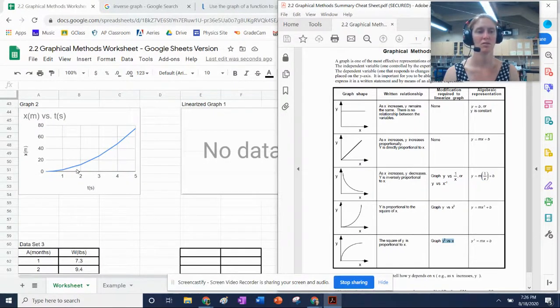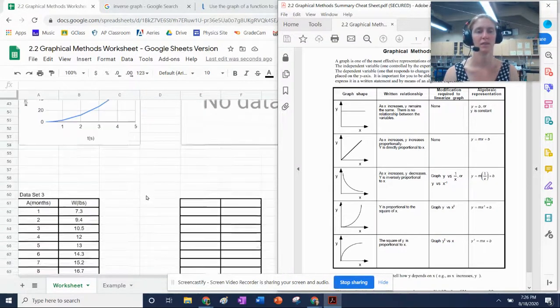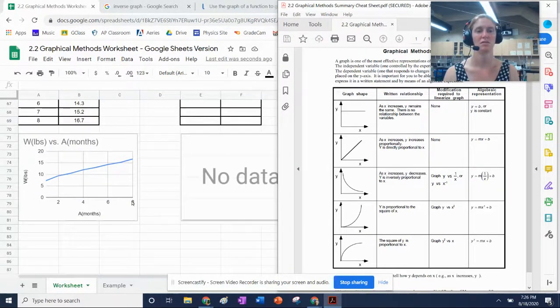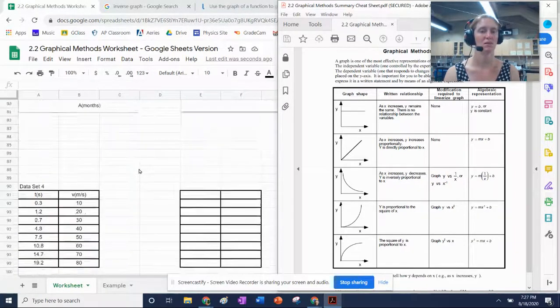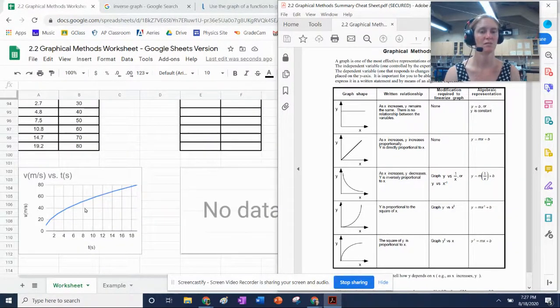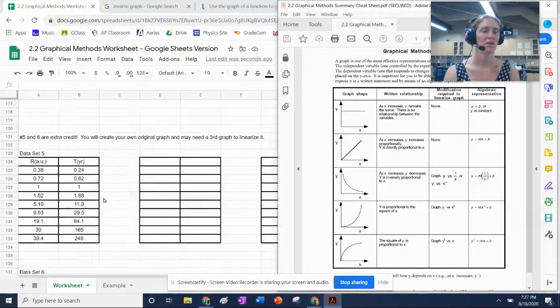To me, this shape looks like this one, so then I'm going to graph y versus x squared. And then this one, you're going to pick which one it looks like. This one is not supposed to be tricky. Don't let it mess you up. You should see what kind of shape that looks like, pick which one, and graph it accordingly.